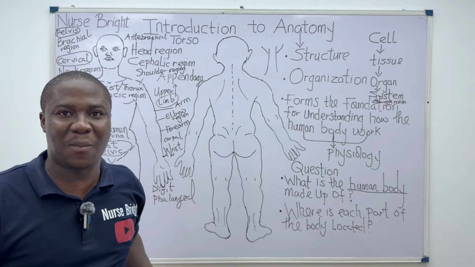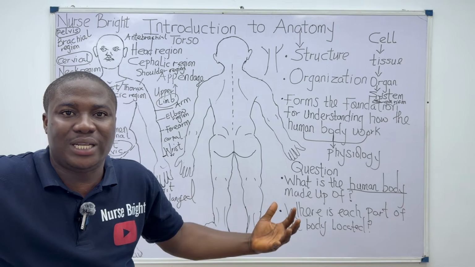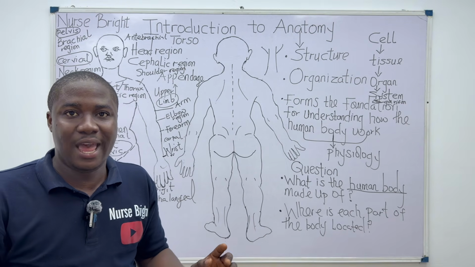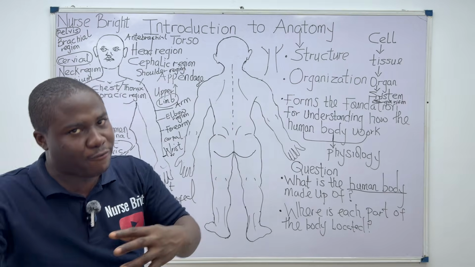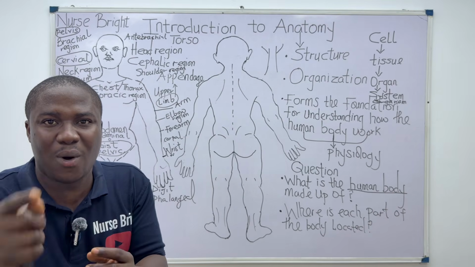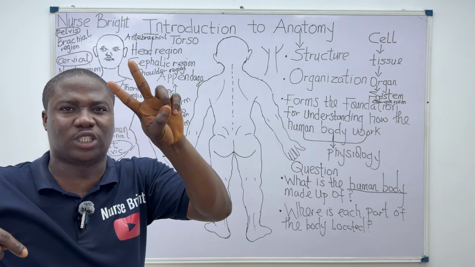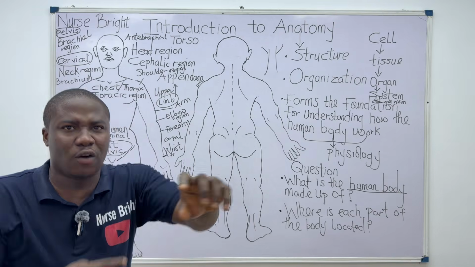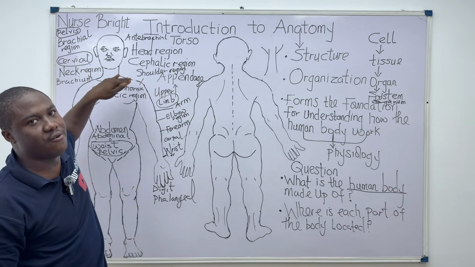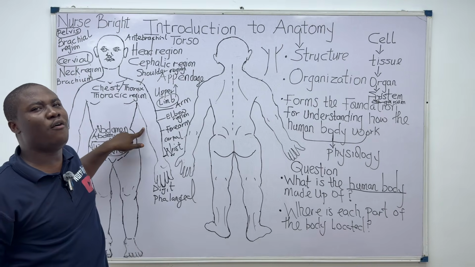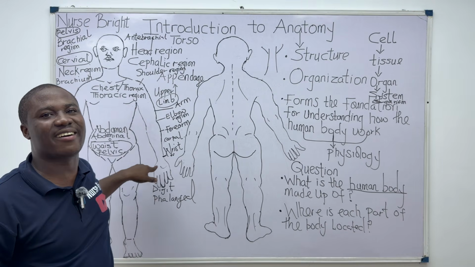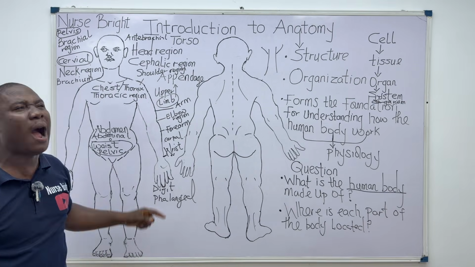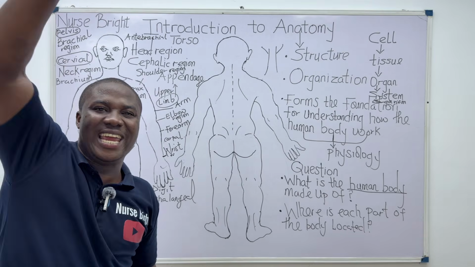Please tell me the answer in the comment section. You need to know the difference between arm and forearm. So tell me, where is the forearm? Is it between your shoulder region and the elbow region, or the elbow region and the wrist region, also called the carpal region? Tell me the answer in the comment section.